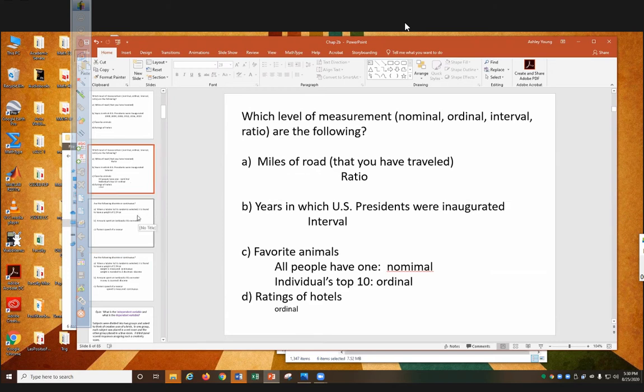The idea behind ratio is if 0 really means none. Son of a gun. This should not be happening. Oh, I know why.